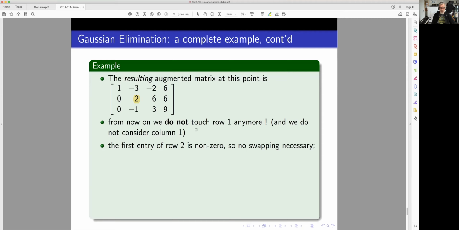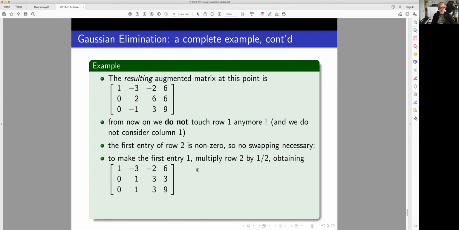It is not 1 though, so I want to multiply that row by the correct scalar, which is 1/2. This is what I get, right? So 0, 2, 6, 6 becomes 0, 1, 3, 3.